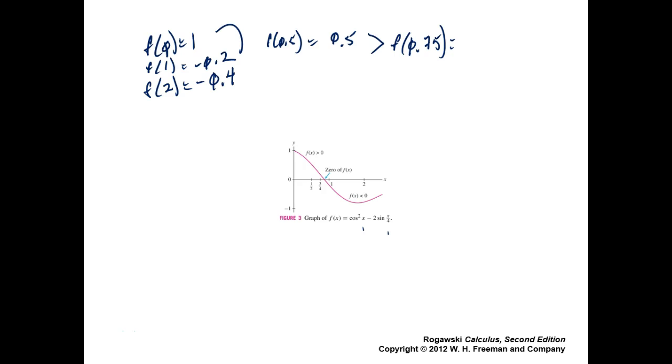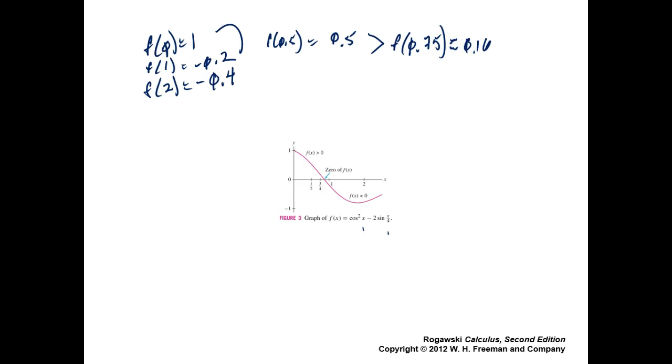Again, cosine squared of 0.75 minus 2 times sine of 3/8, which would be 0.375. 0.16, and these are all probably approximate, I'm pretty sure, right?